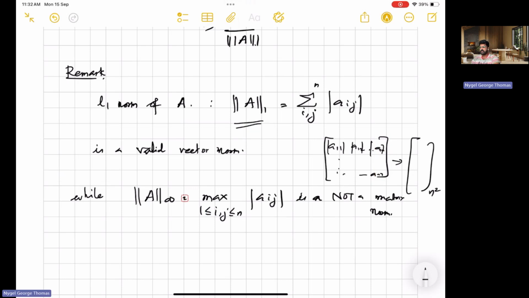In fact, it turns out that n times the infinity norm is a valid norm. This we can try to prove maybe in the next lecture. Okay, let's end this session here.